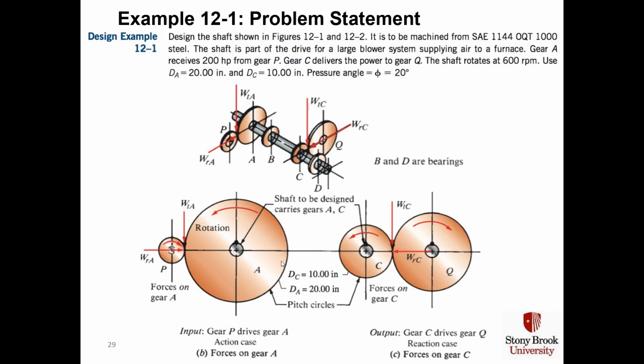However, gear C has a reaction tangential force that's going down, and that reaction tangential force, shown as WTC, because it's going down, also results in a downward force on the shaft, so that the shaft gets two downward forces in this example that bearings B and D have to resist.